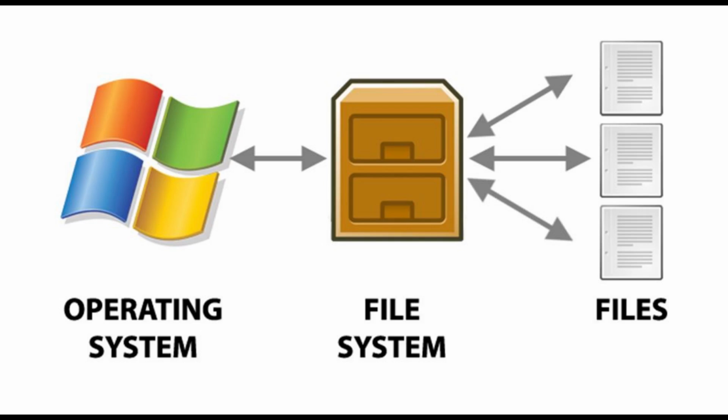Many computer systems use extensions in file names to help identify what they contain, also known as the file type. On Windows computers, extensions consist of a dot (period) at the end of a file name, followed by a few letters to identify the type of file.